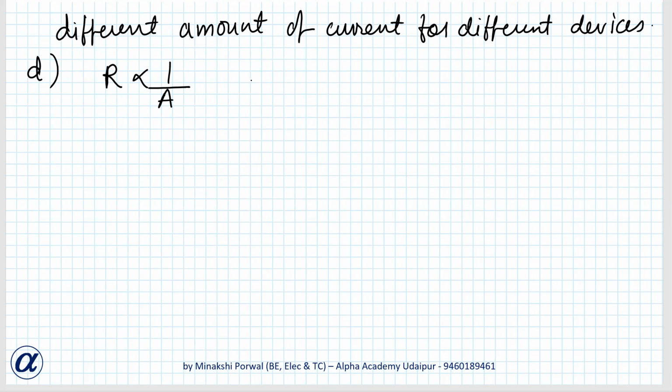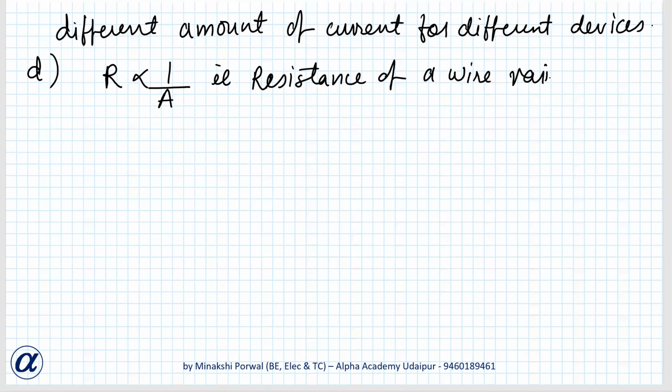So the resistance of a wire varies inversely with its cross-sectional area.